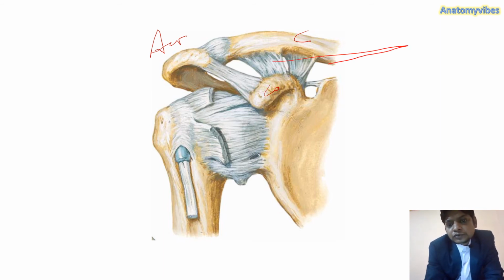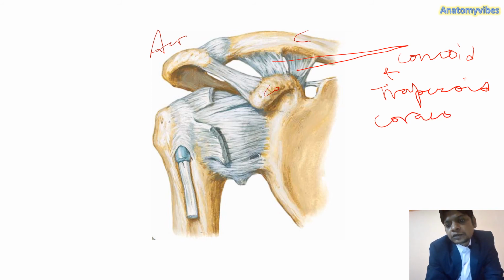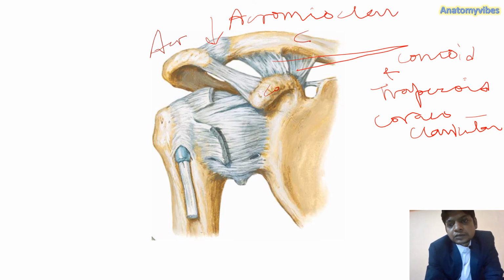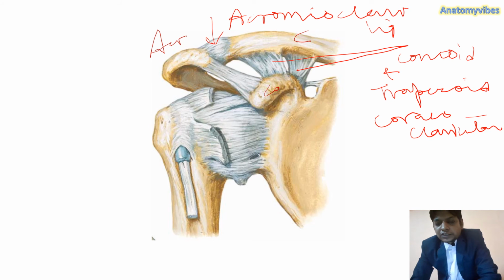So these two ligaments are conoid and trapezoid, part of coracoclavicular ligament. Okay, here you can see acromioclavicular ligament. So these two ligaments you can see here.